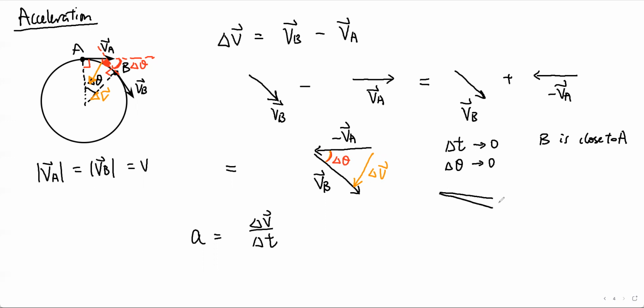There's a very thin change in theta. Then this length is V. This length is also V. Very small. Just remember, very small.